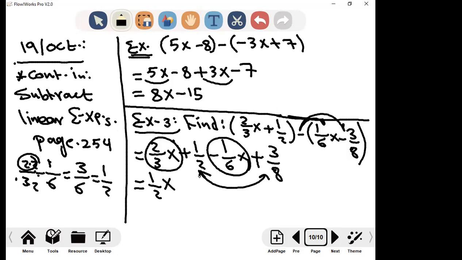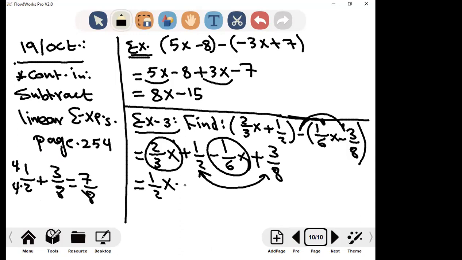Now the numbers, we have half plus 3 over 8. Do it by the side. 1 over 2 plus 3 over 8, times 4 times 4. 4 plus 3, what is it? This is your answer. Is it clear? Right. So the answer is 1 over 2x plus 7 over 8. Now we have check after this example. Let's do it.